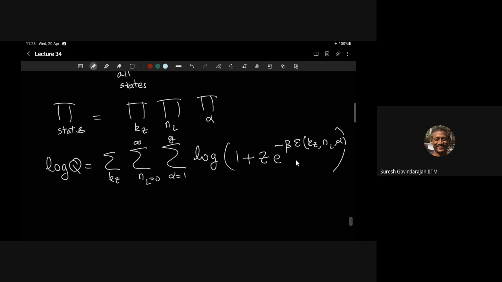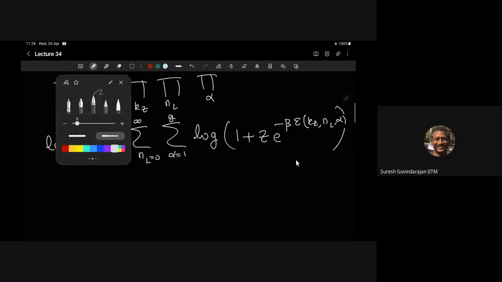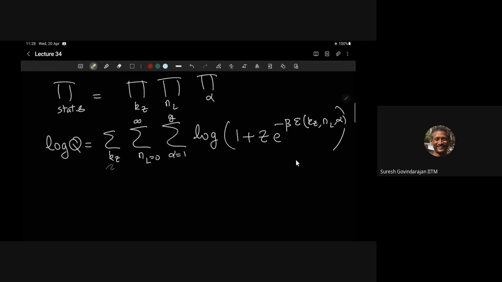So we can do that. And now let's simplify things a little bit more. We can replace the summation over kz by the semi-classical thing, which would be the integral dpz dz upon h. But the dz integral goes from 0 to L. So we can replace this with L by h, integral from minus infinity to plus infinity dpz.